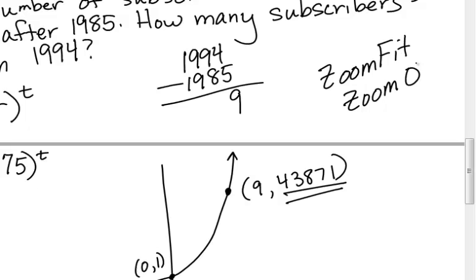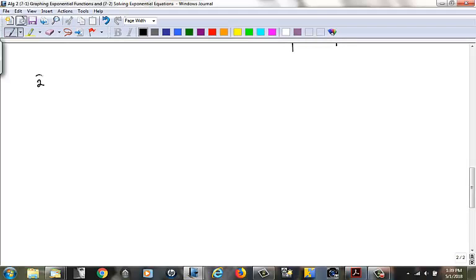Okay? Okay, another example. And I'm not going to write all this down. One of the most common examples of exponential growth deals with bacteria. Bacteria can multiply at an alarming rate. Okay? And on this one, the bacteria are actually doubling.